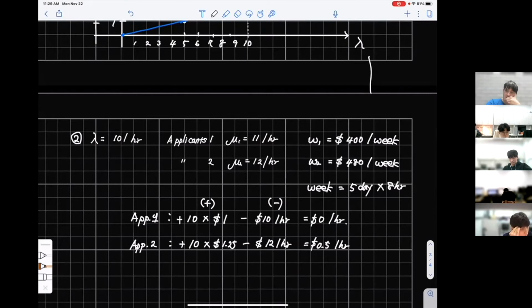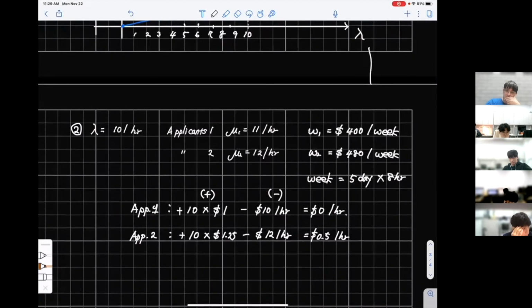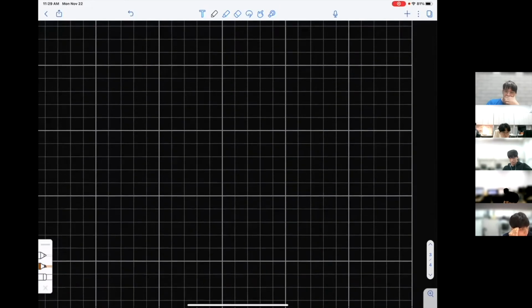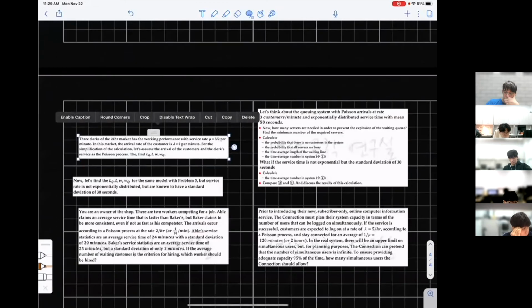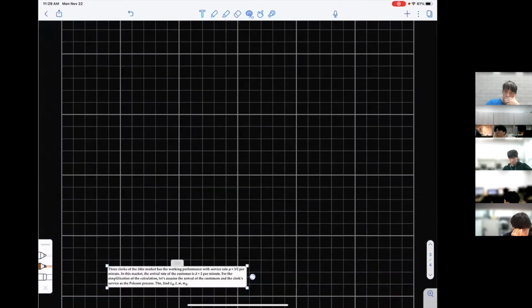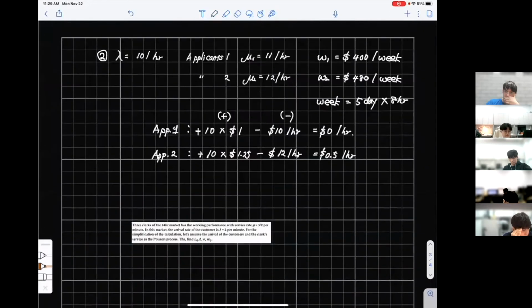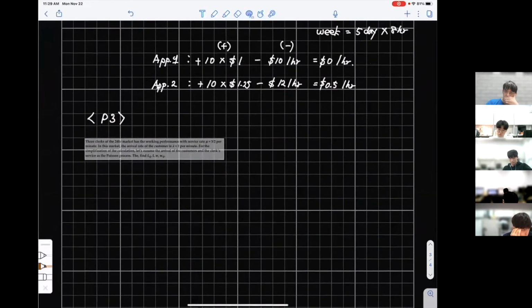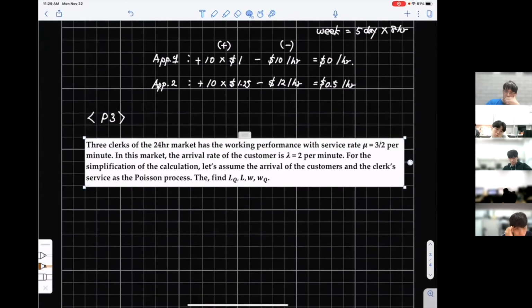Okay. Now let's skip to problem 3. Problem 3 is the clock problem. There are 3 clocks in a 24-hour market with a service rate of 3/2 per minute.